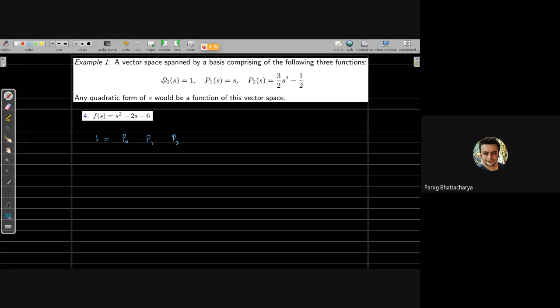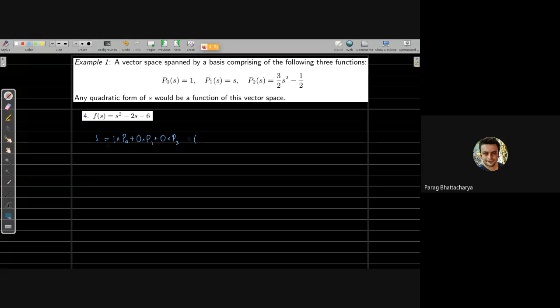Because p0 is equal to 1, we can say 1 into p0 plus, there is no p1 here, right? Because it is only 1, so 0 into p1 plus 0 into p2. That means this 1 can be written in terms of coefficients. And what are the coefficients?